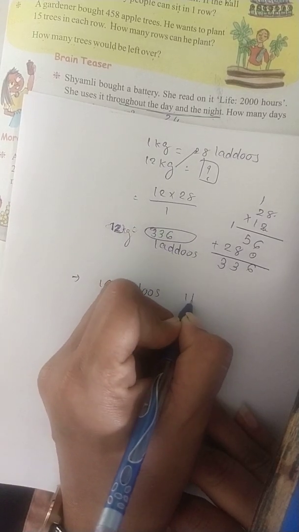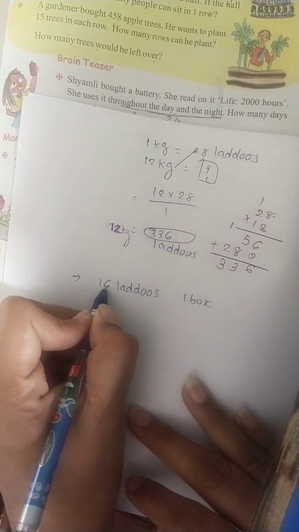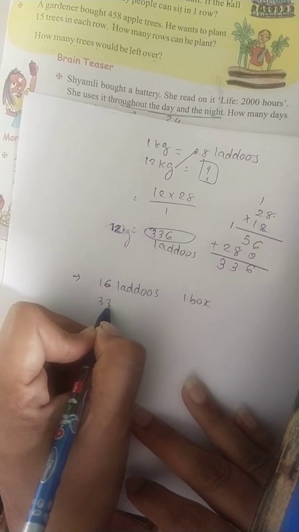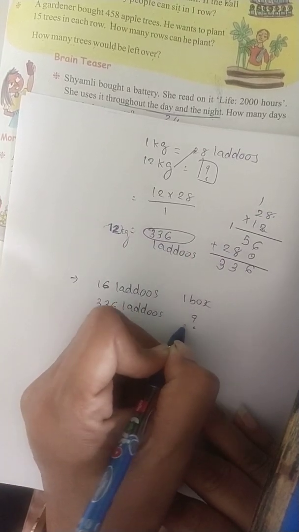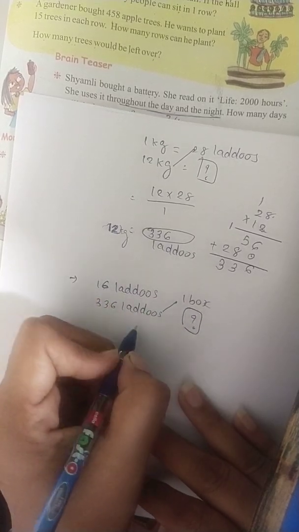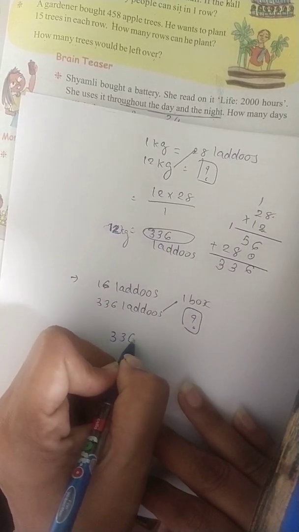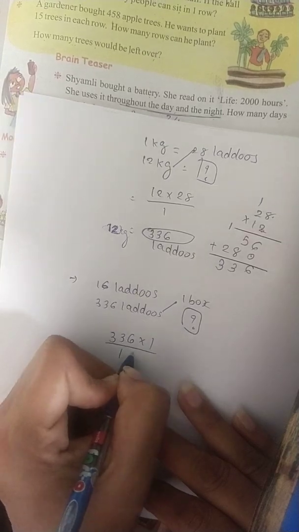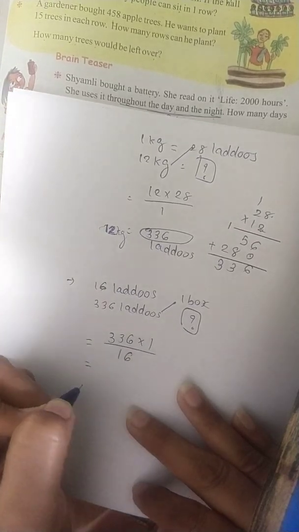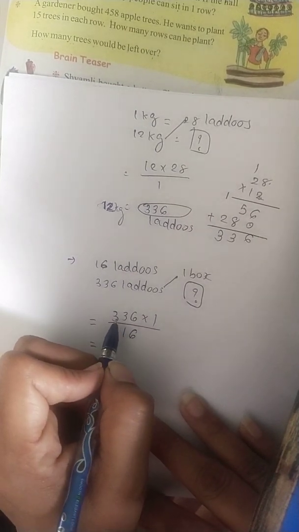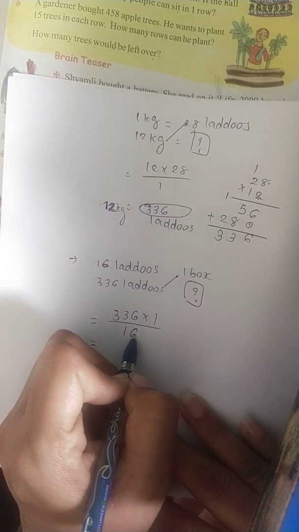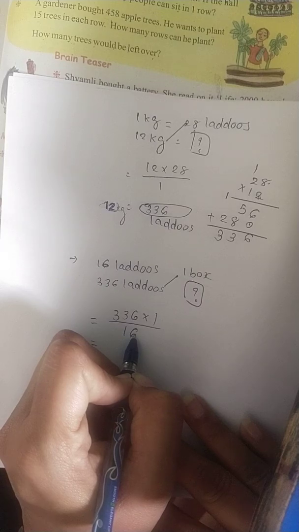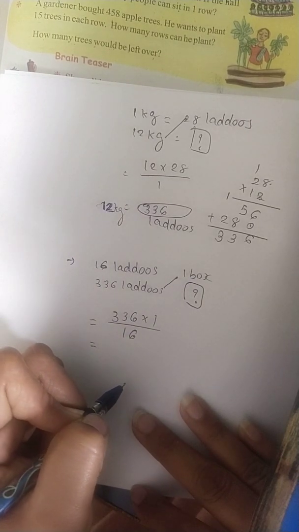We have 336 laddus. So how many boxes? Question mark. Cross multiplication: 336 multiplied by 1 divided by 16. Whatever answer will come, students, you have to write over here.